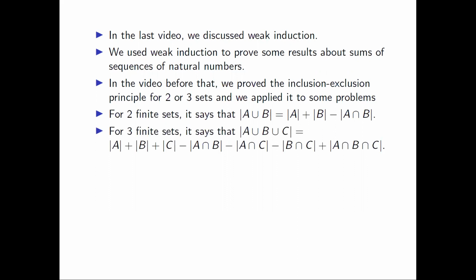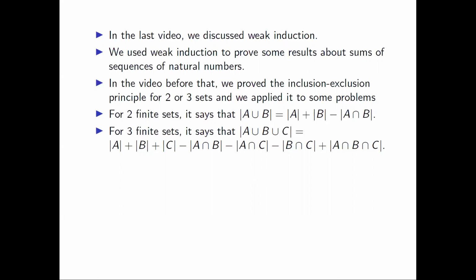If we have 3 sets, A, B, and C, the inclusion-exclusion principle says that the cardinality of their union is equal to the sum of their cardinalities minus the cardinality of A intersect B minus the cardinality of A intersect C minus the cardinality of B intersect C plus the cardinality of their intersection of all 3.